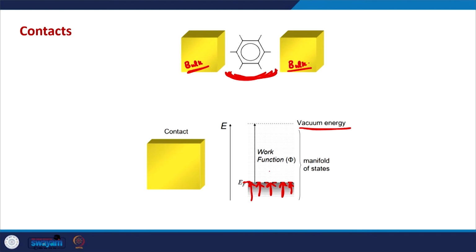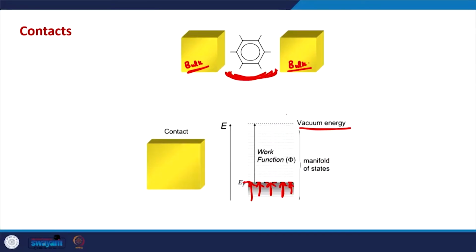That will also be the ionization potential of this metal in a way, because that is also the same amount of energy, because if this metal takes an extra electron in it, the energy that will be released will be this vacuum energy level minus the Fermi energy level, and this is known as the work function, which is essentially the difference between the vacuum energy level and the Fermi level.